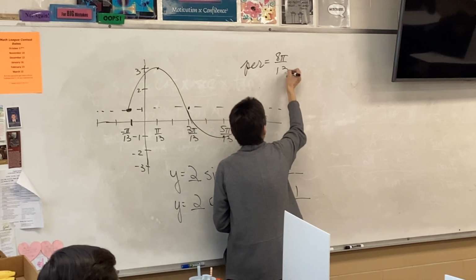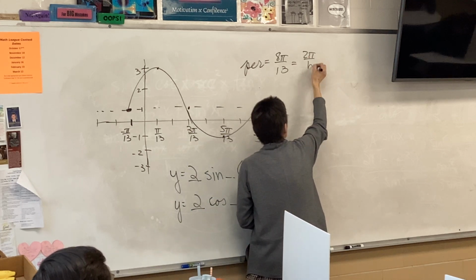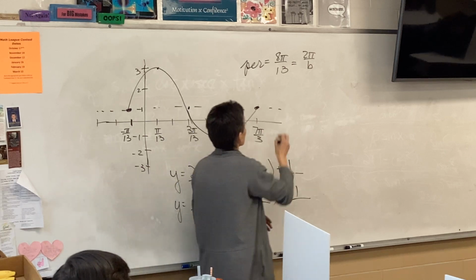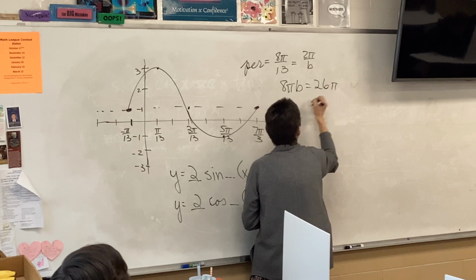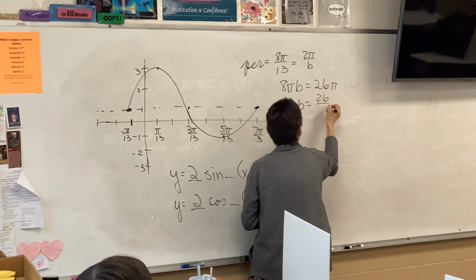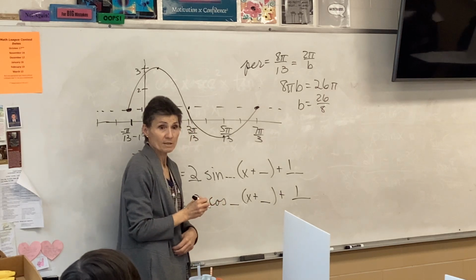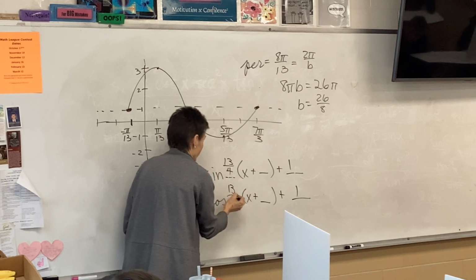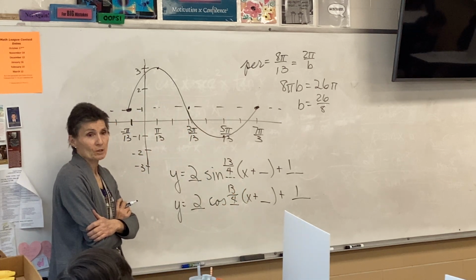So 8 pi over 13 equals 2 pi divided by b. So 8 pi b equals 26 pi. So it looks like b is 13 fourths. Always reduce your fractions.